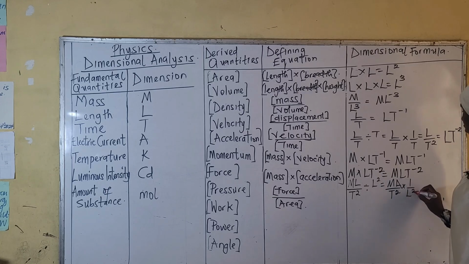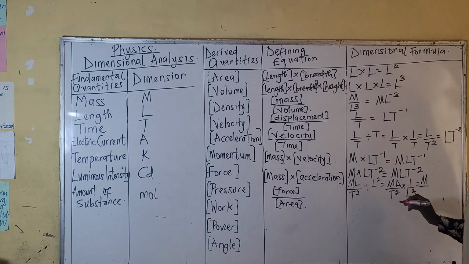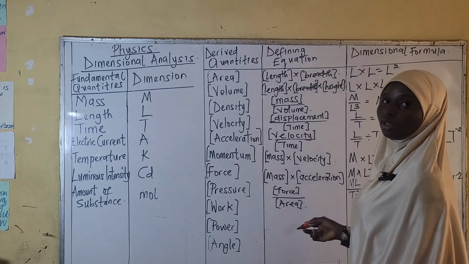So if I cancel this out, I'm going to be remaining with M over LT squared, which I can rewrite as ML minus 1 T minus 2.